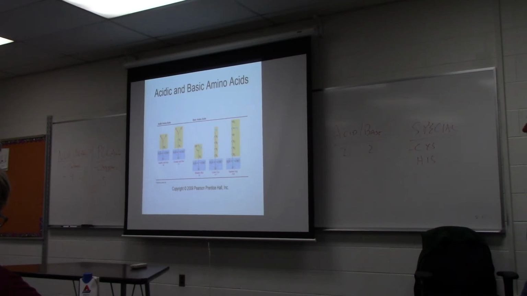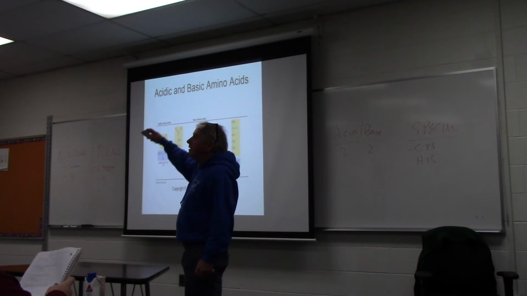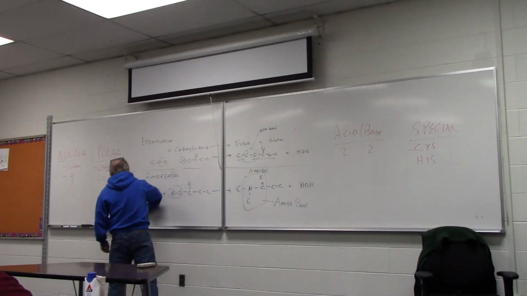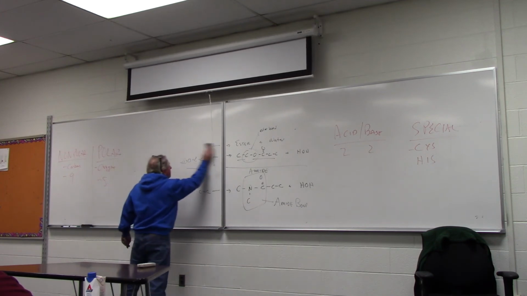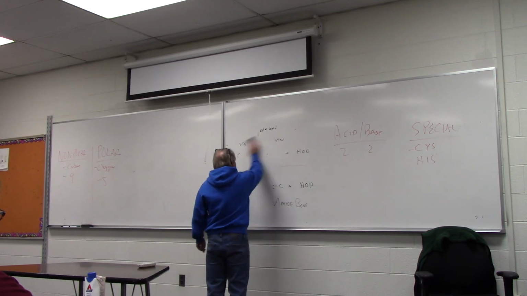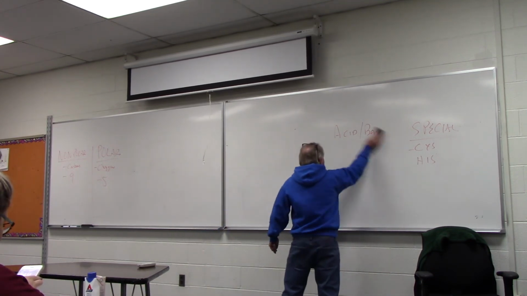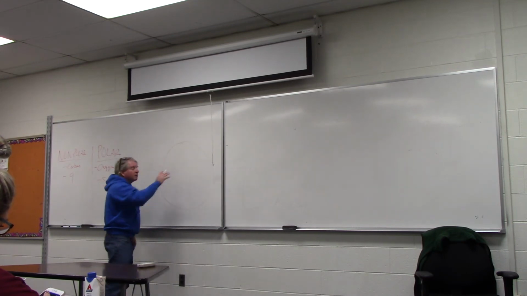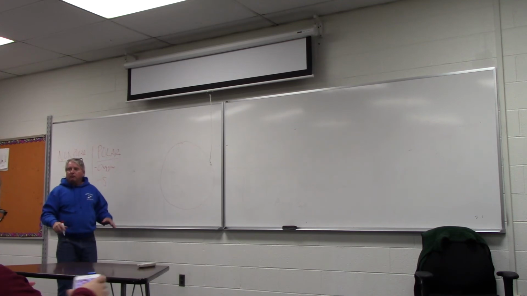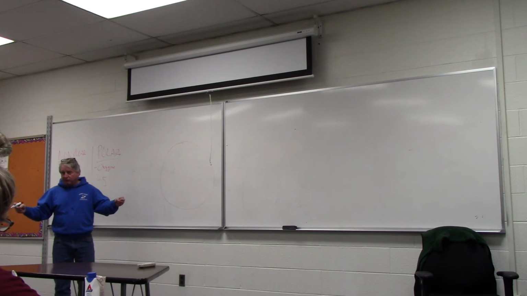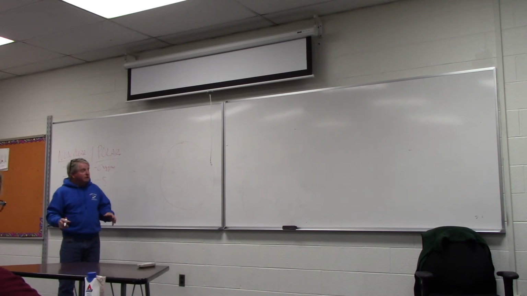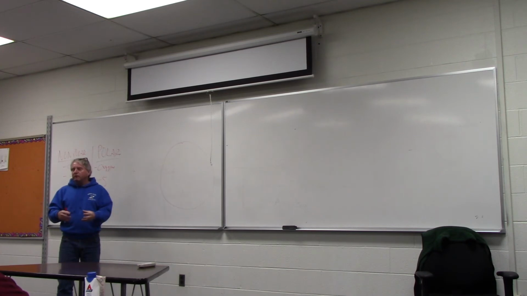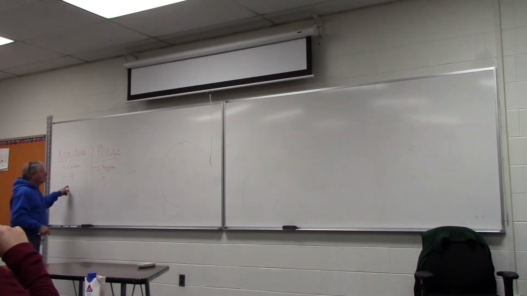When we look at a protein, and we'll talk about how this gets formed in a minute, when DNA makes a protein, we'll talk about that in the next section, it comes off as a long chain of amino acids, and that long chain is mostly nonpolar amino acids because there are more nonpolar amino acids than anything.